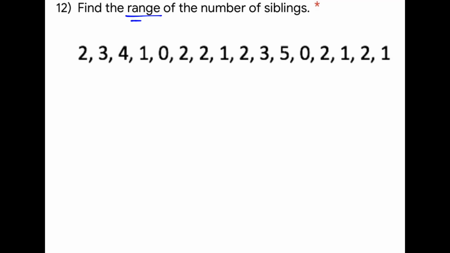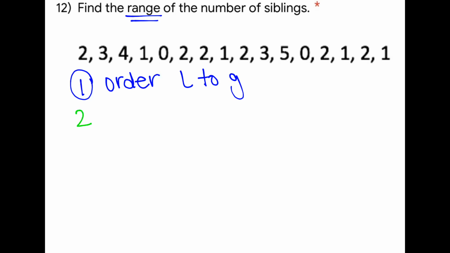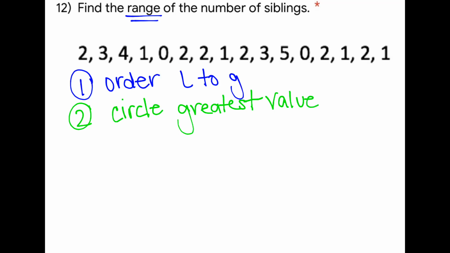Find the range of the number of siblings. Once again, our first step is to order from least to greatest. We circle our greatest value, then we circle our least value.